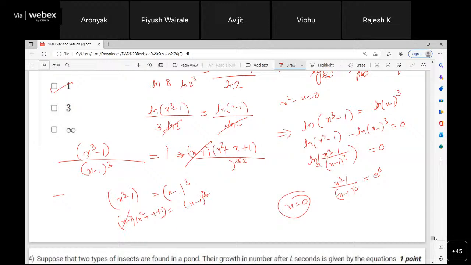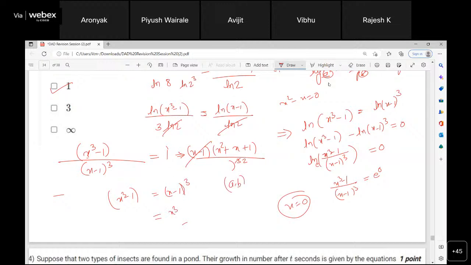But we are again implicitly dividing by x minus 1. So what we can do over here is keep x cube minus 1 as it is on the left hand side, and on the right hand side apply the a minus b whole cube formula. Exactly, yes.